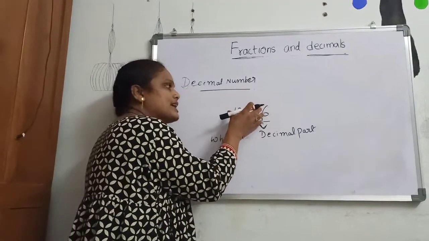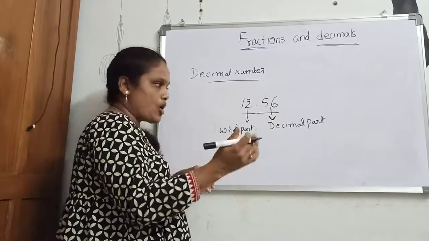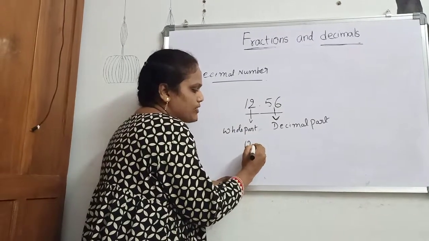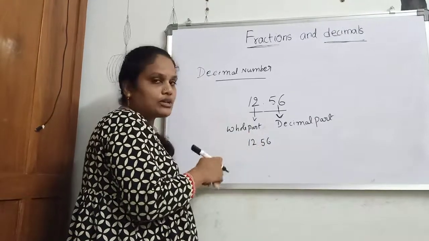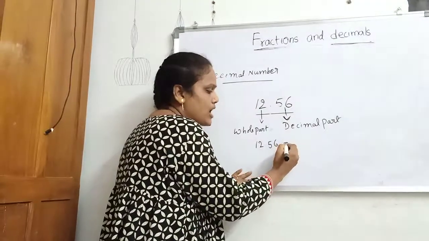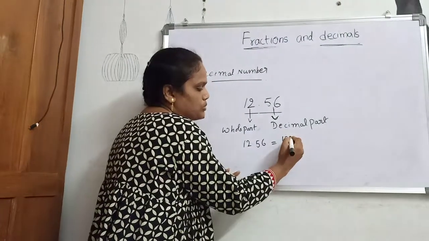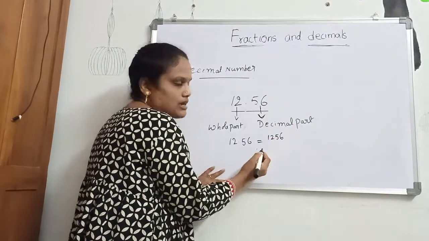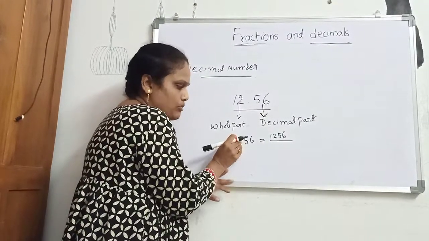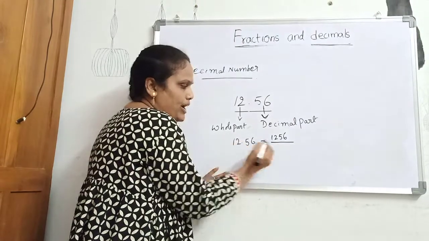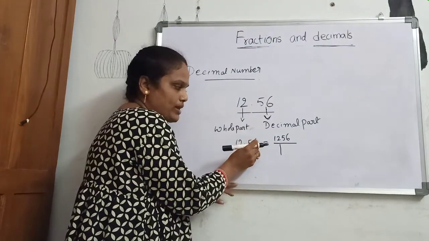Now we have to convert a decimal number into a decimal fraction. How? See, if you have 12.56, you write 1256 in the numerator as it is. In the place of the point, take 1 in the denominator, and after the point see how many digits are there.